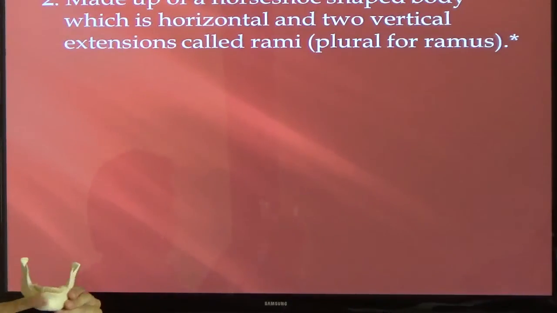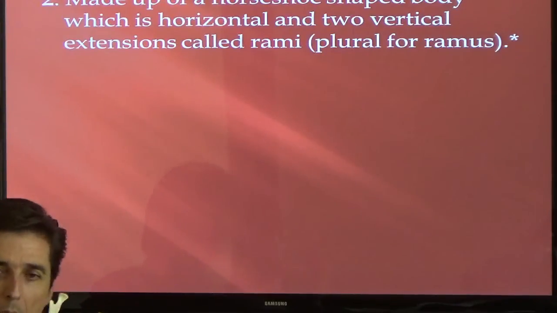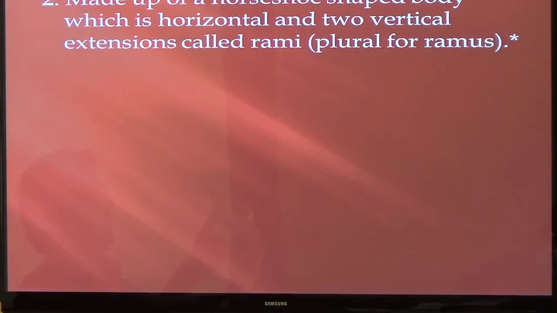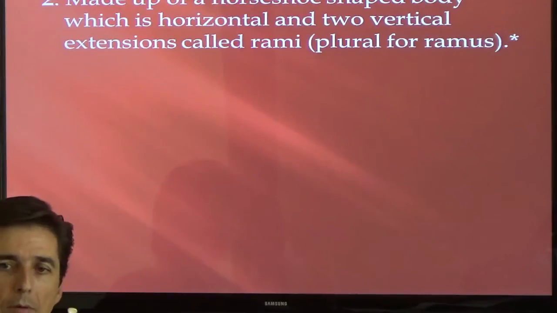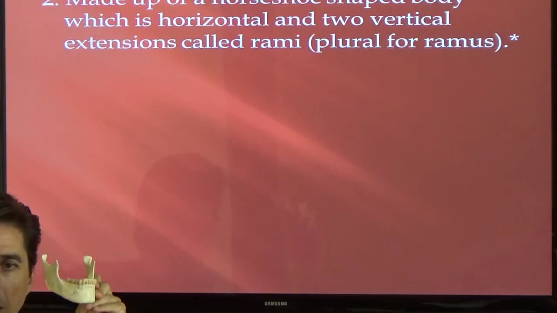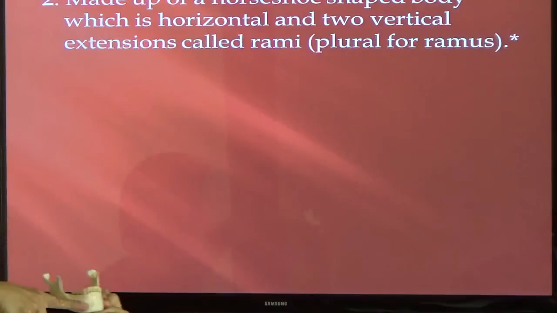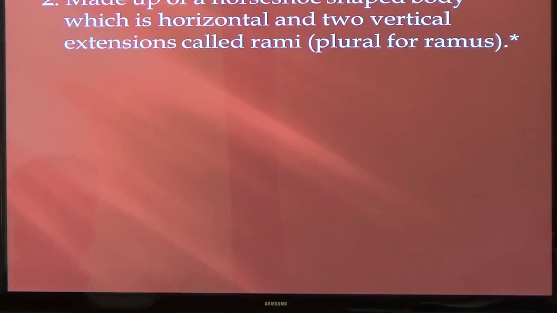So it has a horizontal body, because on the question they get it confused. It says it's perpendicular to the body, and well, if it's my body, then this part of the mandible is parallel to my body, but it's perpendicular to the body of the mandible. Don't confuse that.